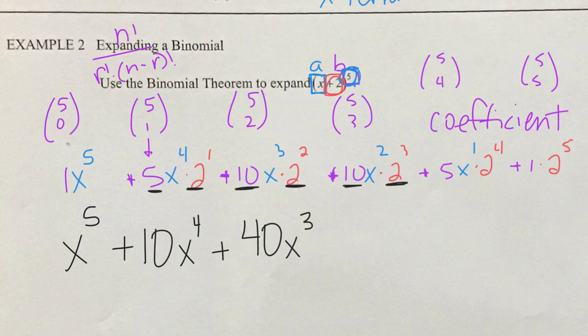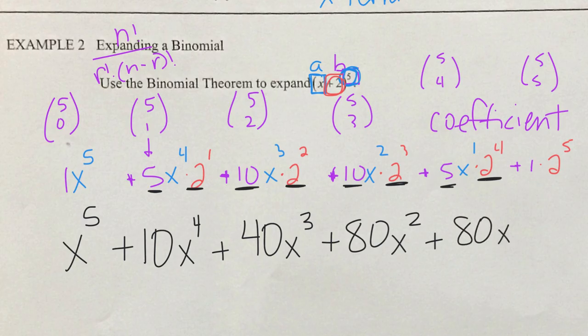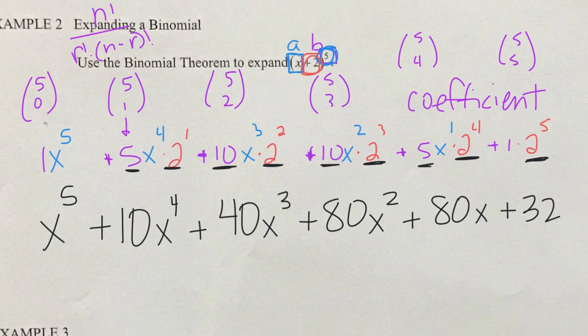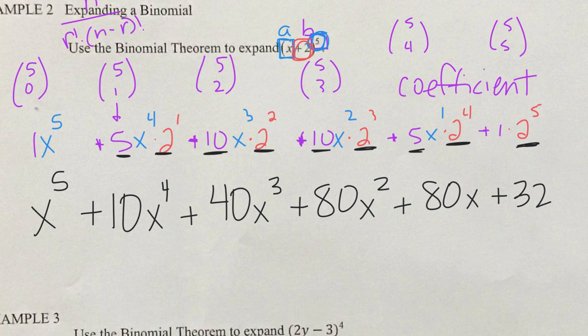So 2 cubed is 8. 8 times 10 is 80x squared. 2 to the 4th, that's 16. 16 times 5 is 80x to the first power plus 2 to the 5th, which is 32. Okay? That is your total expansion of x plus 2 to the 5th power.